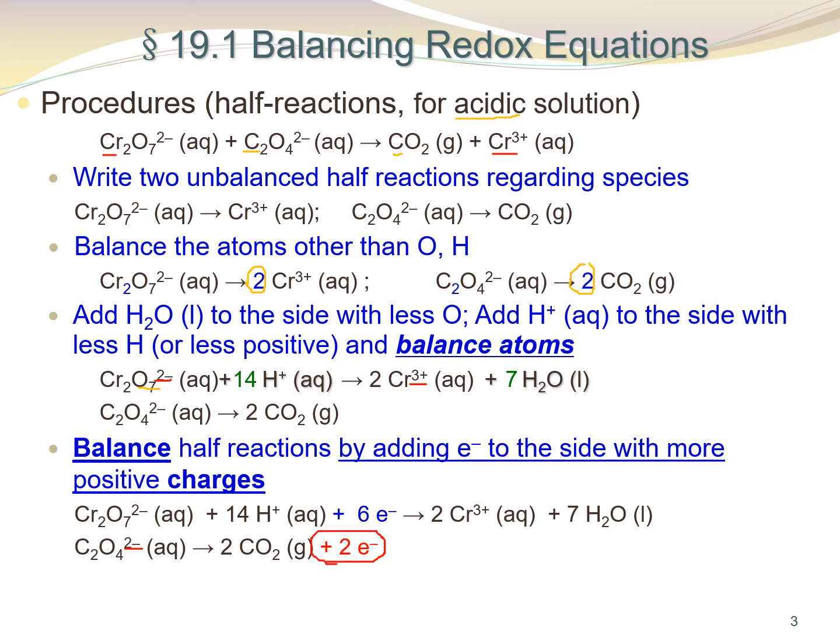In this way, we got a 2- charge on either side in our second half reaction. And of course, the first half reaction is already balanced, and we have discussed this in previous slides. If you're interested, you can go back and take a look at it.